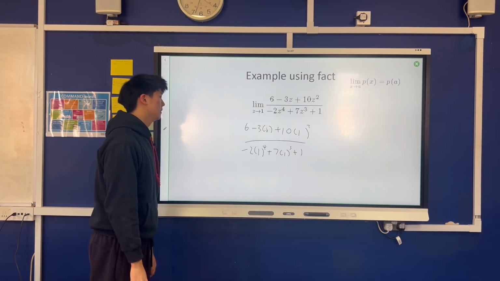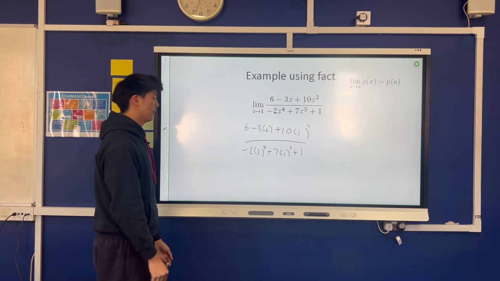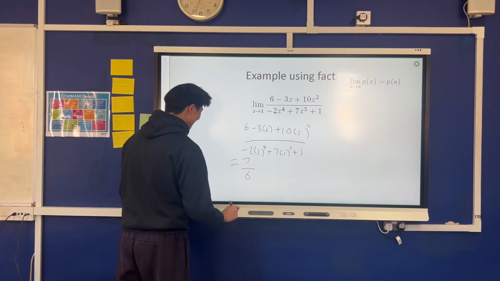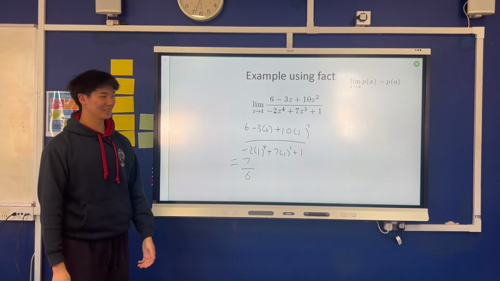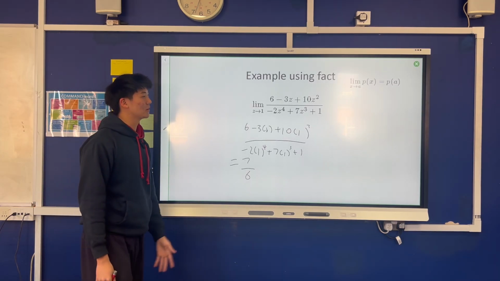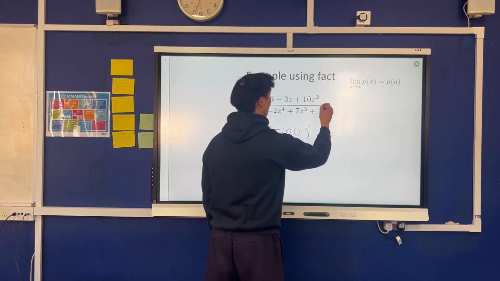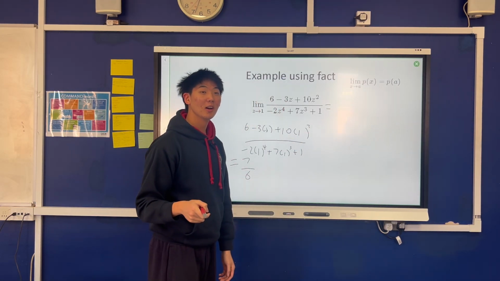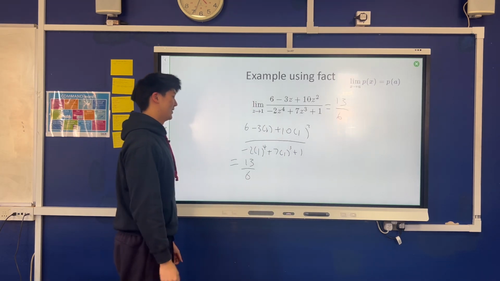And we get minus 3, 7, so we get 7 over 6. That was so much quicker because of this fact. I think that's right. Okay, cool.